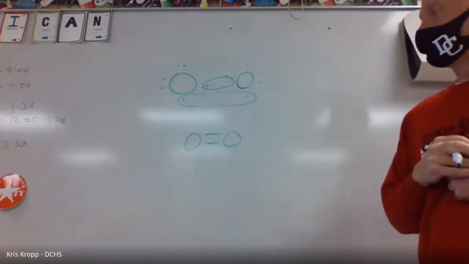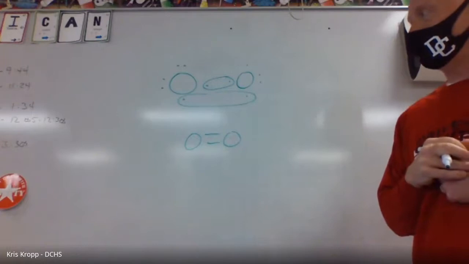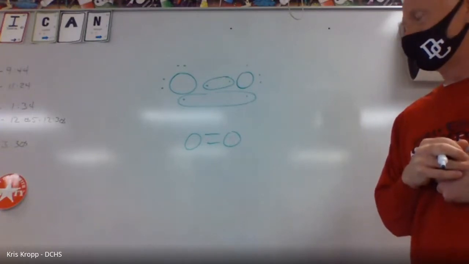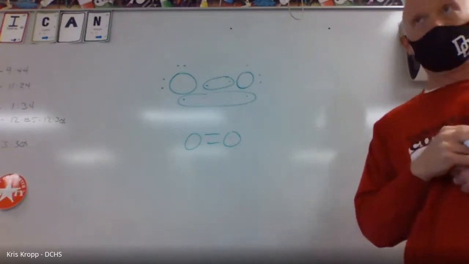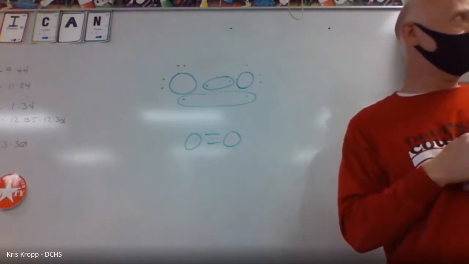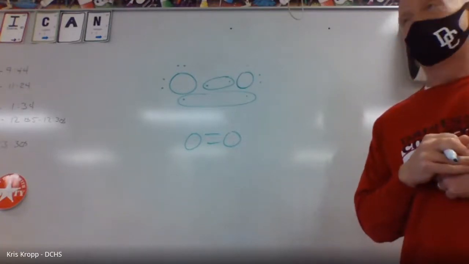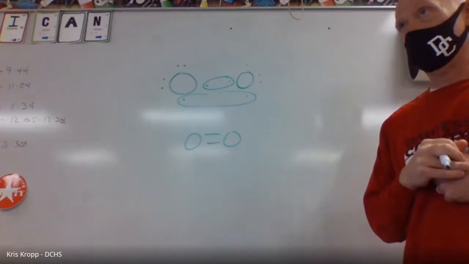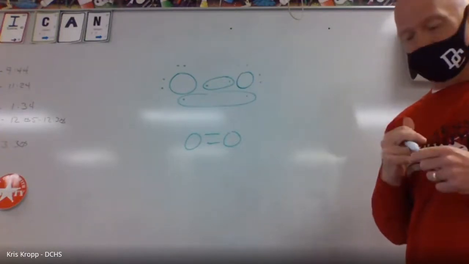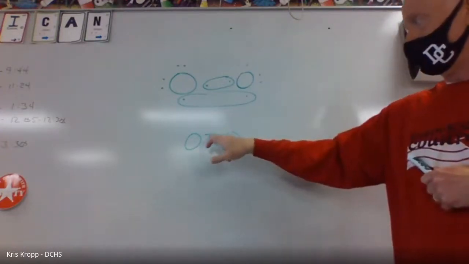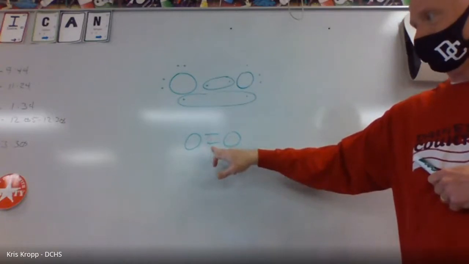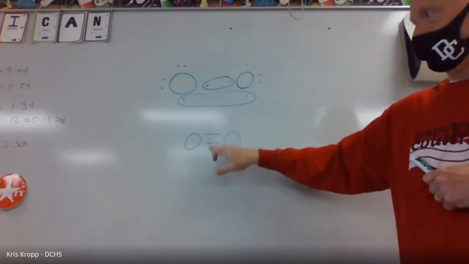Okay. So now, this represents what we would call a double covalent bond. 2 pairs of electrons being shared between the oxygen atoms. So again, each line represents a pair of electrons. I'm sharing 2 pairs.